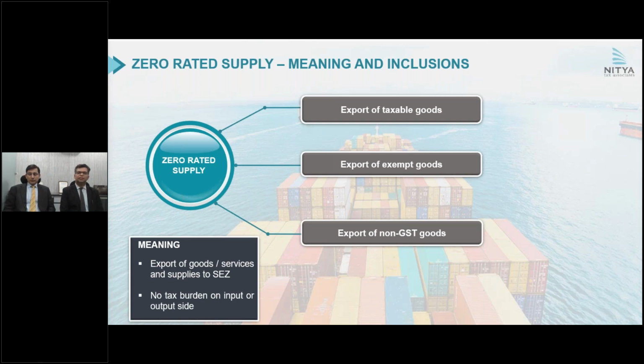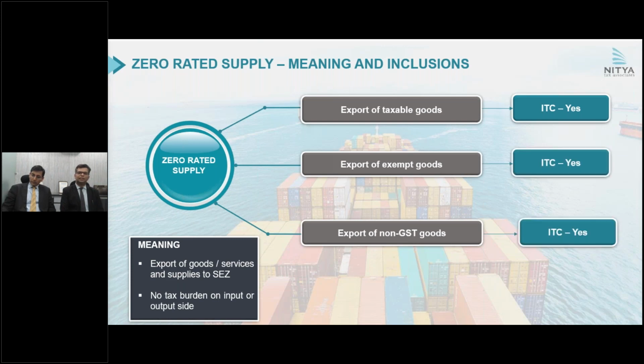Resultantly, as we discussed, there is no tax burden, so the exporter of non-GST supply or exempted goods can get ITC on inputs and input services and claim refund thereon. So even a supplier who is not registered under GST, say an alcoholic liquor manufacturer, too has an option to claim ITC on export of his goods and claim refund of the same.